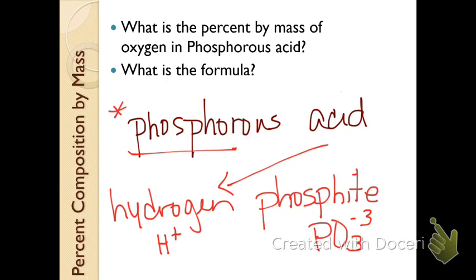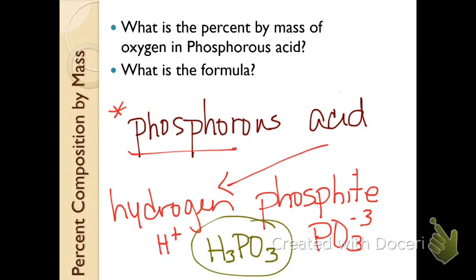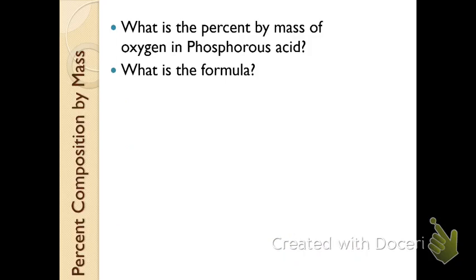When you drop the sign, drop them down, switch and simplify, you get H3PO3. So there's your formula for phosphorous acid. Again, remember that when you're converting phosphorus, sulfur, and pretty much carbon into an acid, we put the full name. Instead of phosphus, it becomes phosphorous. Okay? Just a little aside for you. Anyway, so we now have the formula for this, which is H3PO3.